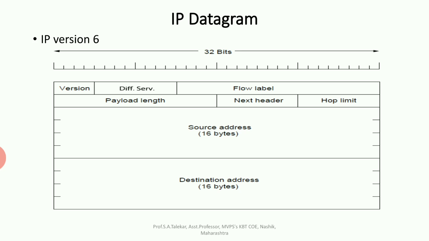This is a simplification over the processing required for the time to live field in IP version 4. In other words, we can say that it is similar to the TTL field mentioned in IP version 4. Source address, it is of 128 bits and the address of the originator of the packet. Destination address, it is also a 128-bit address and the address of the intended recipient of the packet.